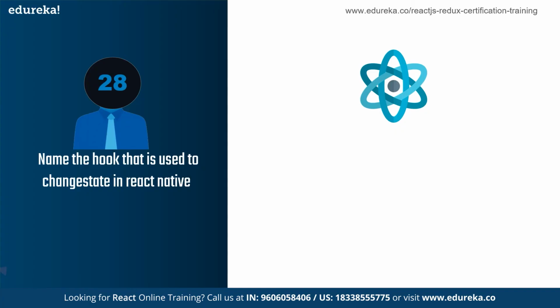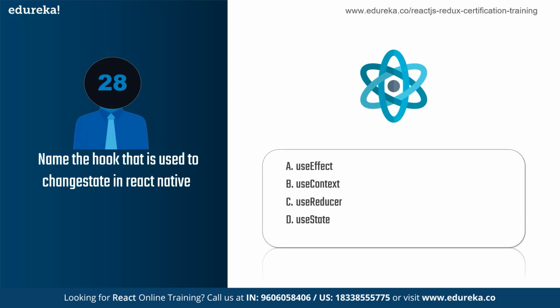Name the hook that is used to change state in React Native. Your options are use effect, option B, use content, option C, use reducer, option D, use state. Your time starts now.